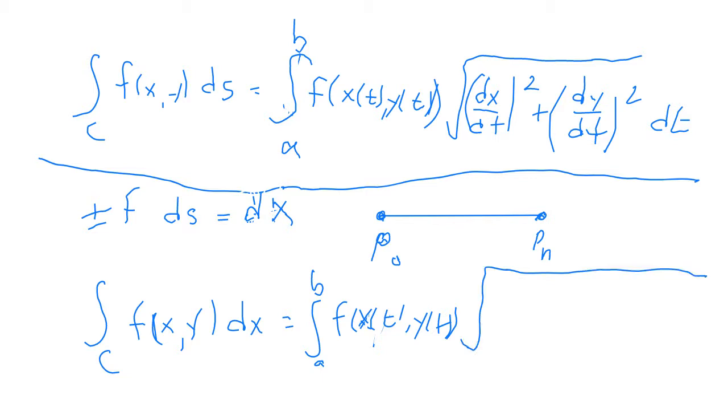So let's say this the right way. I'm going to have (dx/dt) squared, but then dy is 0. Dy is equal to 0 because this arc is a horizontal line segment.